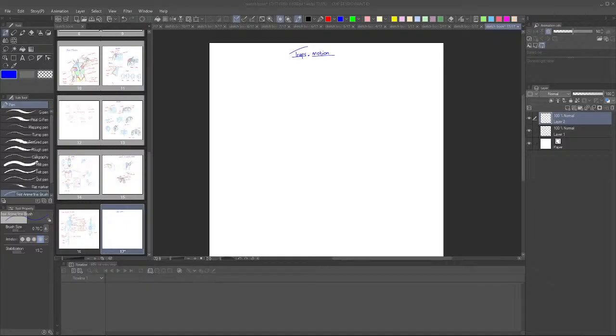You're going to use the original Genga to correct it, in case you didn't copy properly. You can also use the traced version, since you traced properly because you're just tracing.